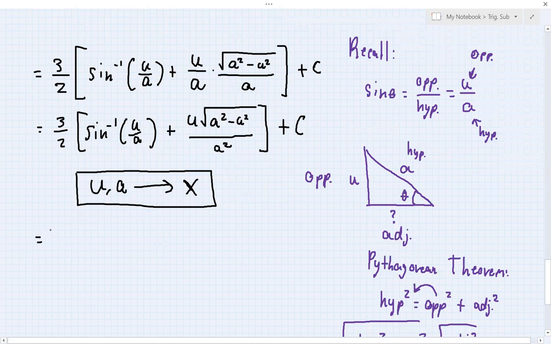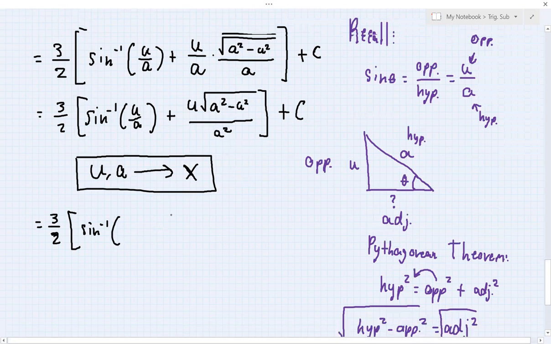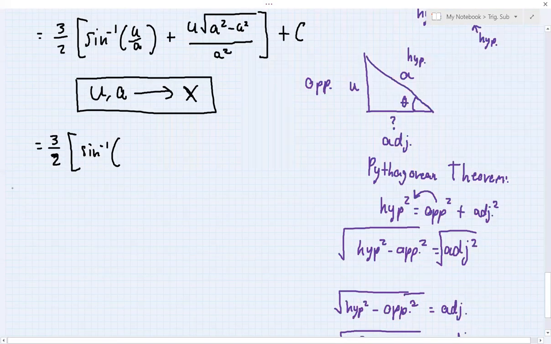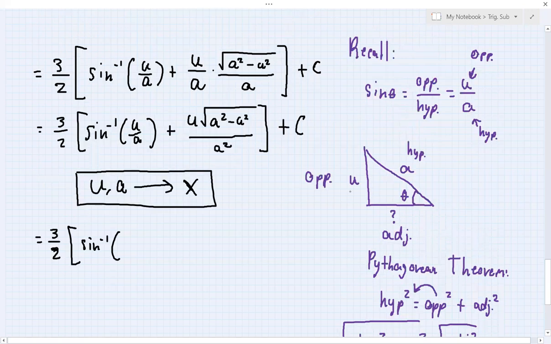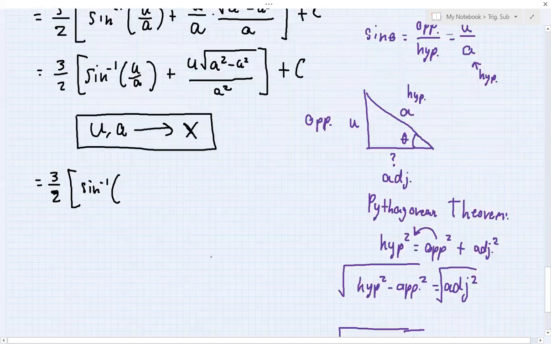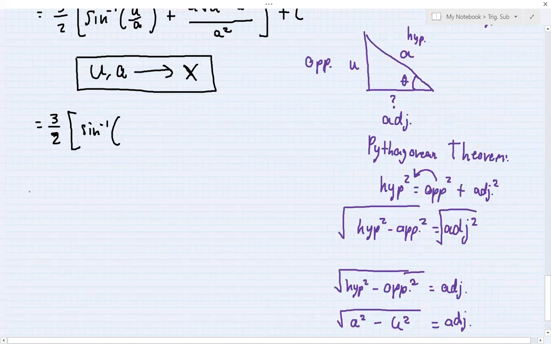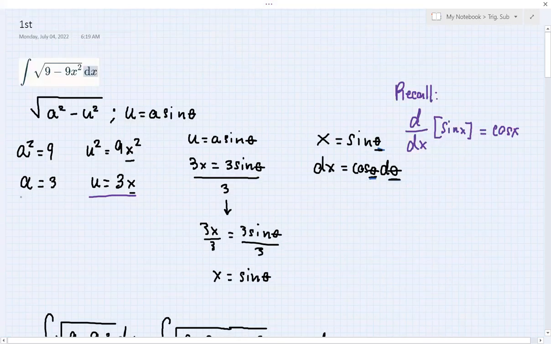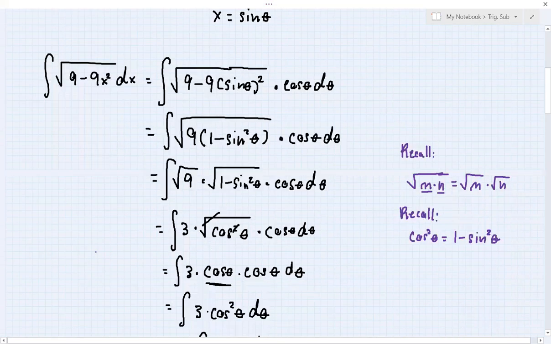Madali kasi simpleng substitution lang naman to eh. Recall na si U is equal to 3x, and yung A mo is equal to 3.